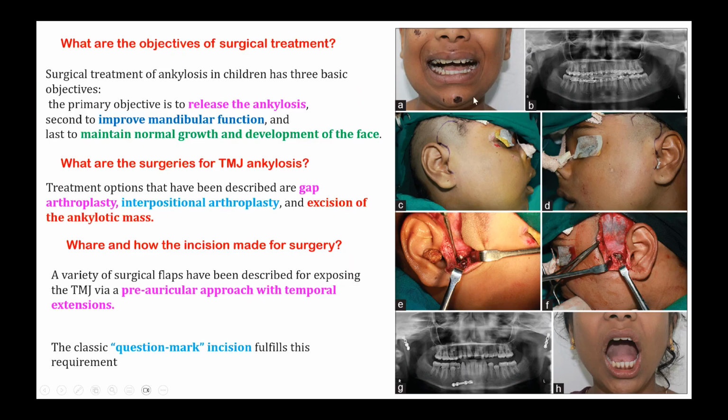And from this limited mouth opening, this is considered a nice successful release with a good mouth opening of a normal size. This is what we want to aim for, so that the patient will have the ability to masticate and chew well and eat well, and the facial appearance will also become normal. That is the purpose of the whole surgery.